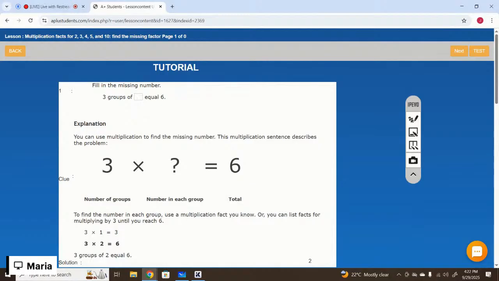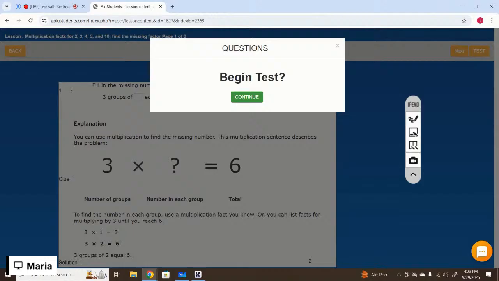Fill in the missing number. 3 times what number equals 6? 3 times 2 is 6. 3 groups of 2 equals 6. Let's just start questions.